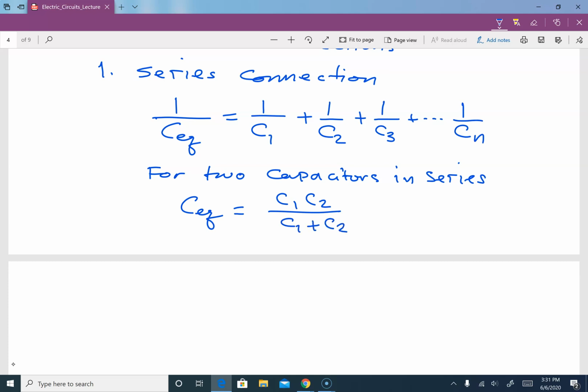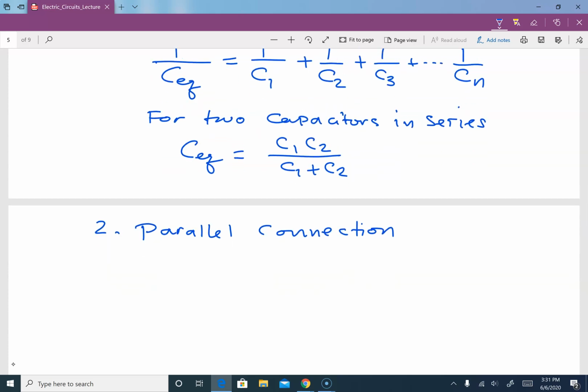So it's exactly the same as the parallel resistors connection. For our parallel resistors, we said that 1 over R equivalent is equal to 1 over R1 plus 1 over R2 plus 1 over Rn. And for parallel connection of capacitors, we will just add those.